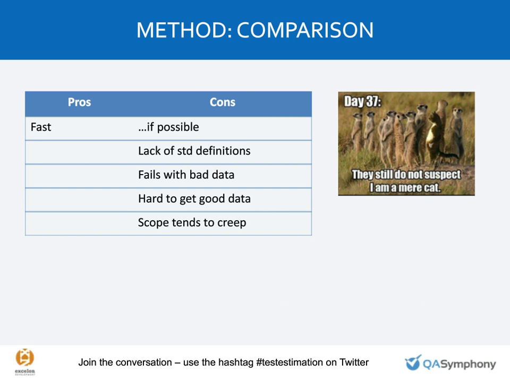But it's also risky because there aren't a lot of companies that I work with that have accurate data. In fact, some of the ones that think they have accurate data, we actually change the time allotted and steal from Peter to pay Paul to make it look like it's right. And if you do that, your next project estimates are not going to be based on good data. But man, it can be a fast way to do comparison.